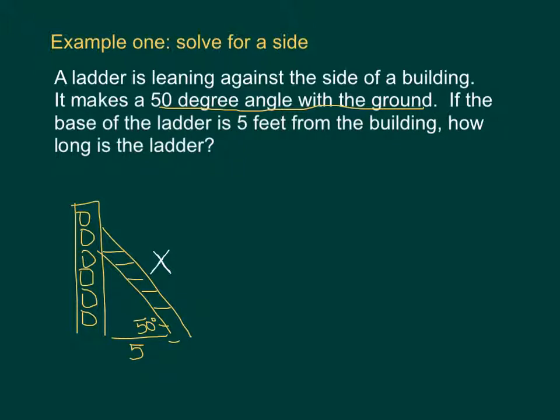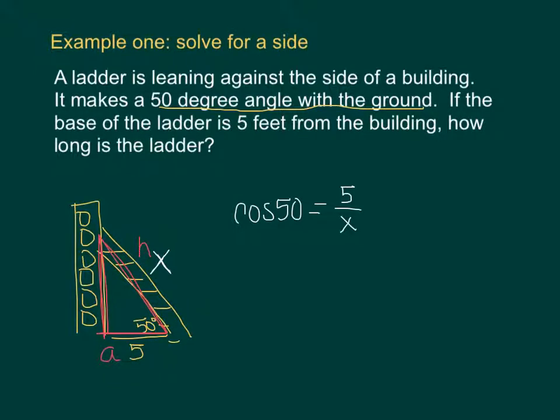All right, so now we can just visualize a triangle here, outlined in red. It looks like I know the adjacent and the hypotenuse, so that's a cosine problem. So cosine of 50 will equal my adjacent, so 5 over x. Now I'll go to the calculator.